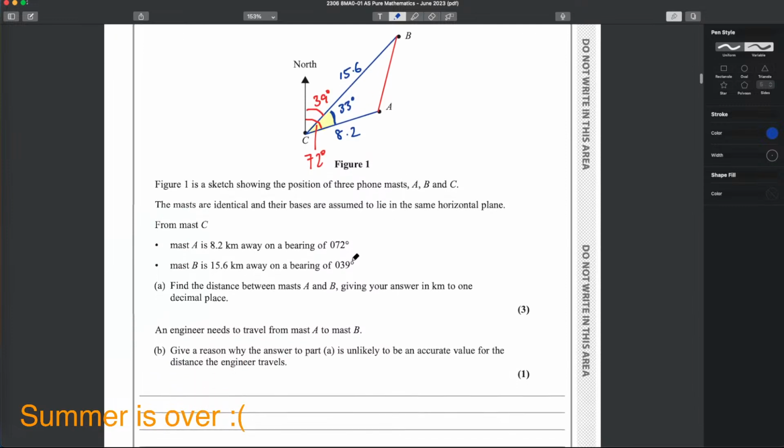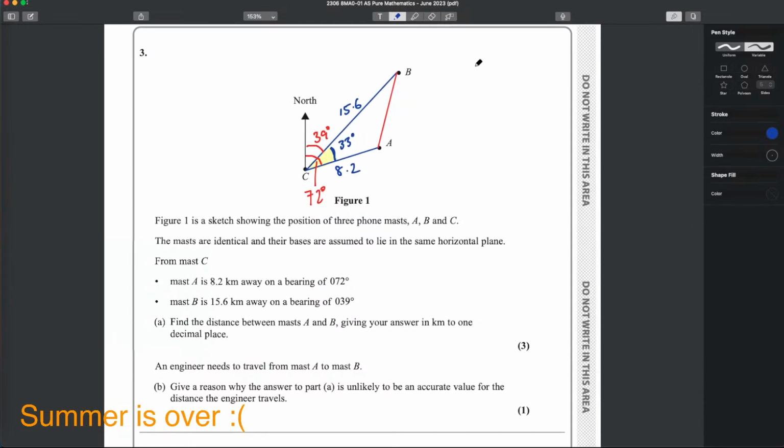So the cosine rule says a squared equals b squared plus c squared, take 2bc cosine a. So b and c being the sides adjacent to the angle, and the angle being the angle opposite the missing side. So pretty much this is a perfect setup for the cosine rule, because we have all the information, we just need to plug it in to get a squared.